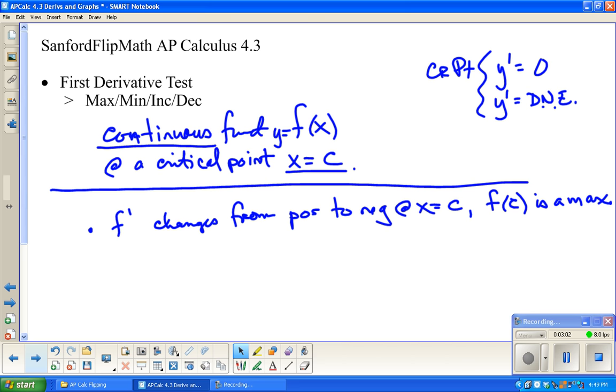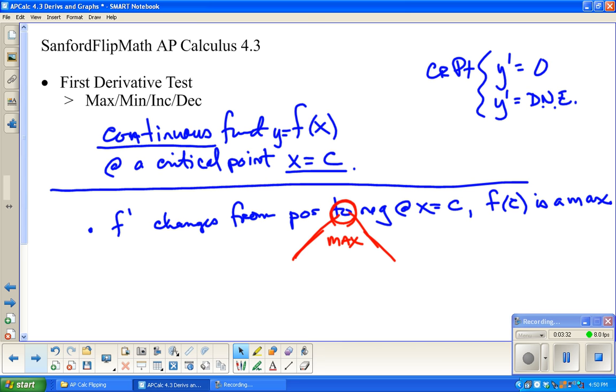We've talked about this a little already when working with sign charts. The idea is, if the first derivative is positive, and then it's negative as I go from left to right, and it's continuous, then somewhere in here, wherever that is, that would have to be a maximum. Now I don't know if it's absolute or local. It could be either.